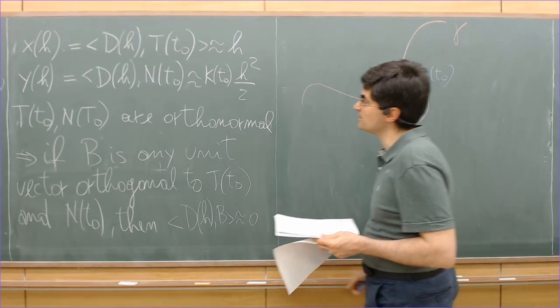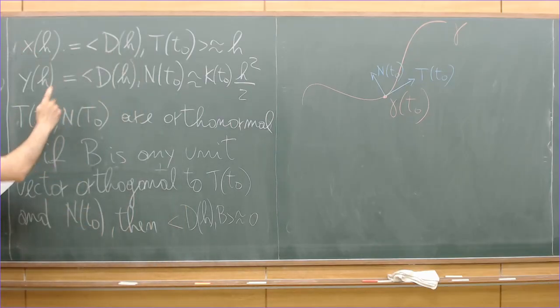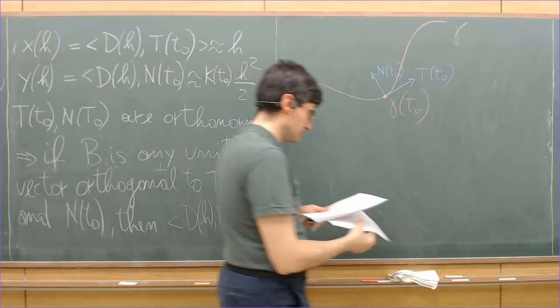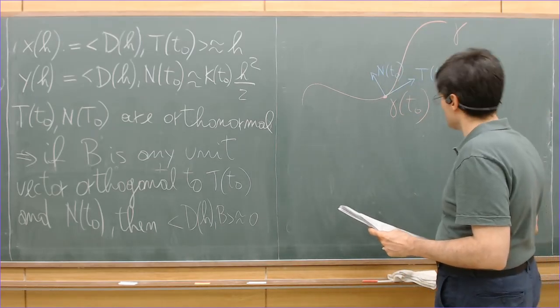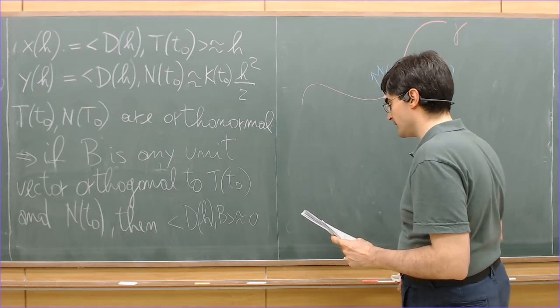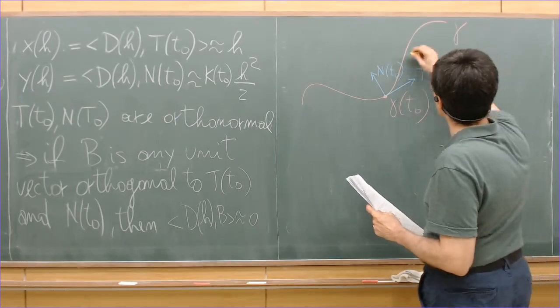Then what is the information contained in this formula? In order to explain this, I have to sketch also another vector.